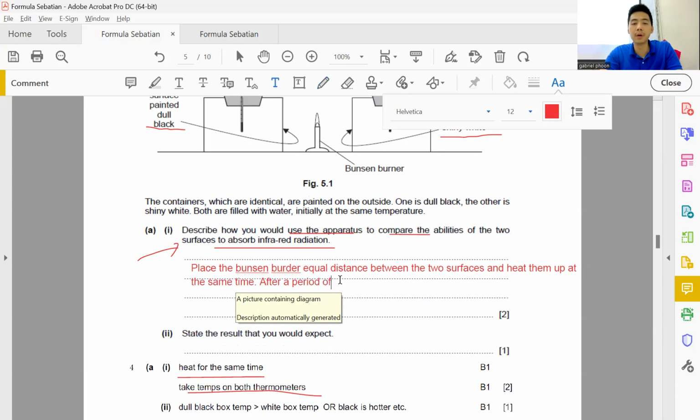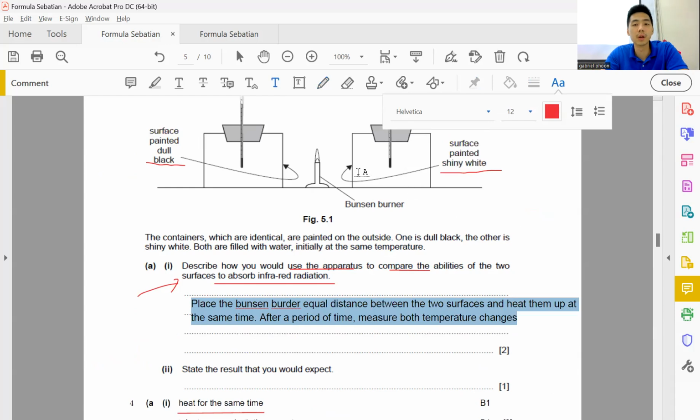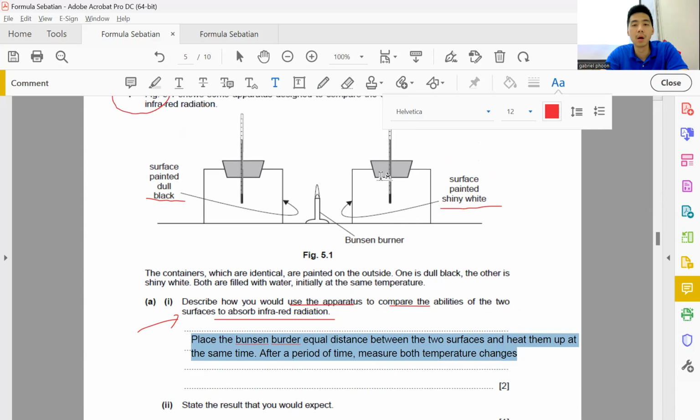After a period of time, measure both temperature changes. What is this thing here? Oh, this is the thermometer rest.